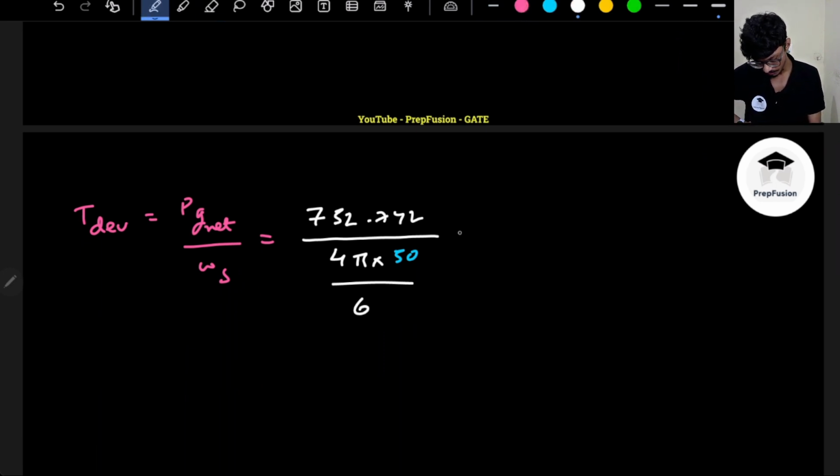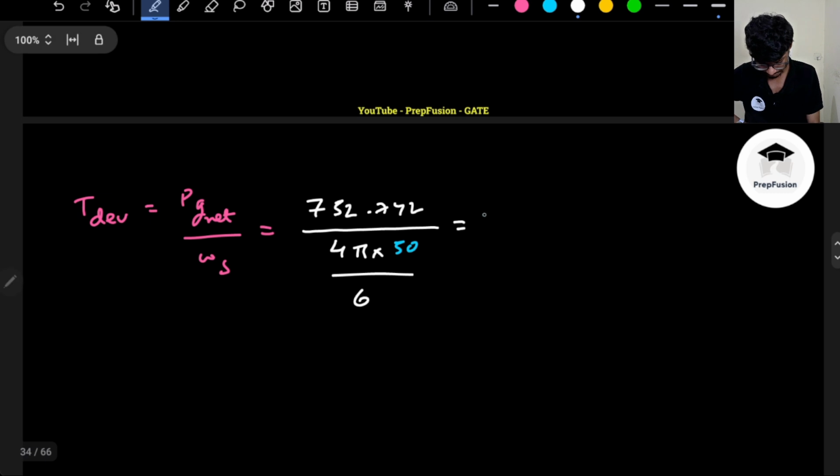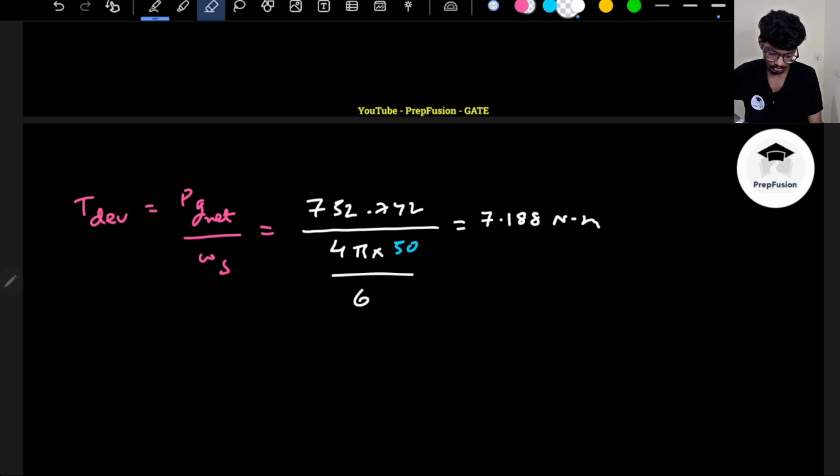So if I calculate this value, this into 6 divided by 200 into pi, it comes out to be 7.188 Newton meter. Okay, this will be the overall torque developed, and shaft torque is a different value.